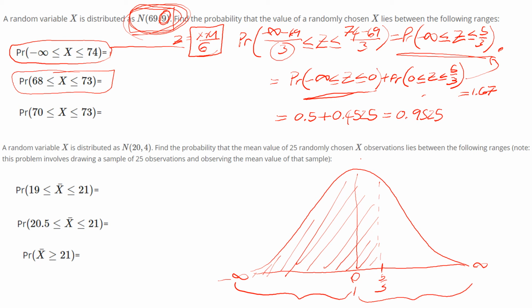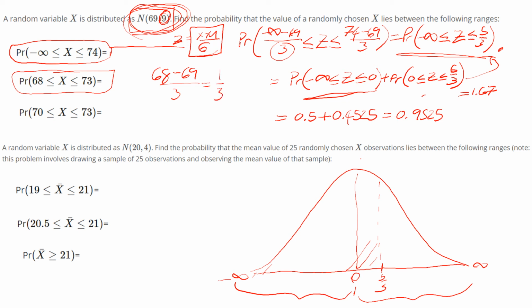In this case, the area will range from, let's see, in the left limit, you'll have 68 minus 69 over 3, which equals minus 1 over 3.